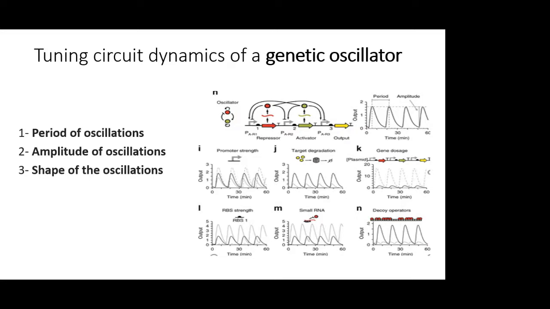Another example, at the level of tissue engineering, is a more sophisticated one, building an artificial tissue homeostasis system, which is basically where you have stem cells and beta pancreatic cells. You program stem cells to generate more of the beta cells in case this beta population is attacked by the immune system.